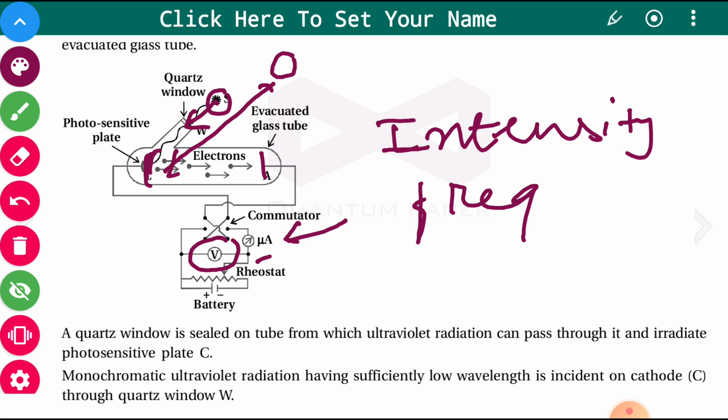So different parameters can be changed in this experiment, and the effect on the number of photoelectrons which are emitted from C can be seen with the help of this microammeter.